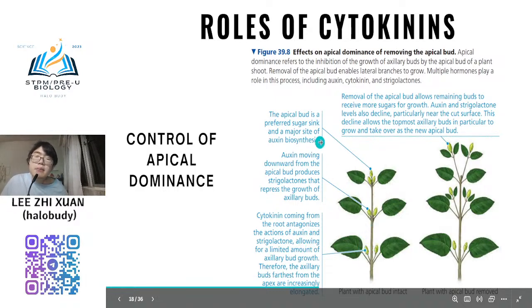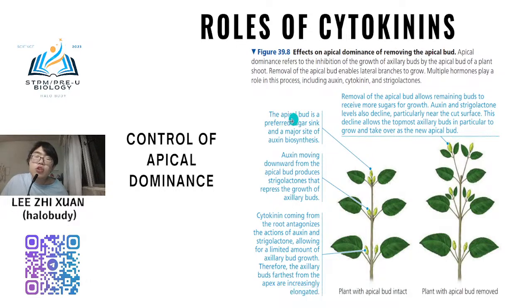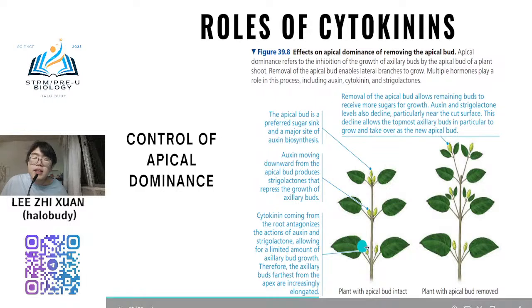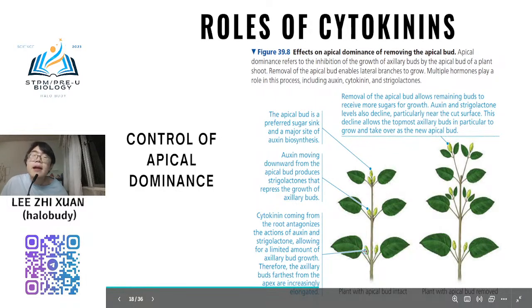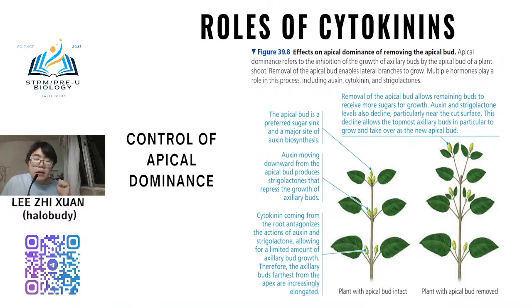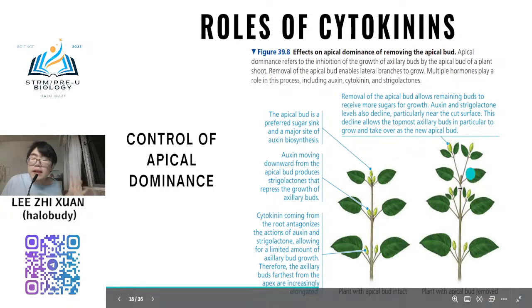So meaning that although the apical bud is still there, meaning that there is auxin, although the plant has the auxin, the cytokinin can still antagonize it and counteract the action of the auxin. It can still stimulate the growth of axillary bud, but the growth is very slow, not very fast like this.